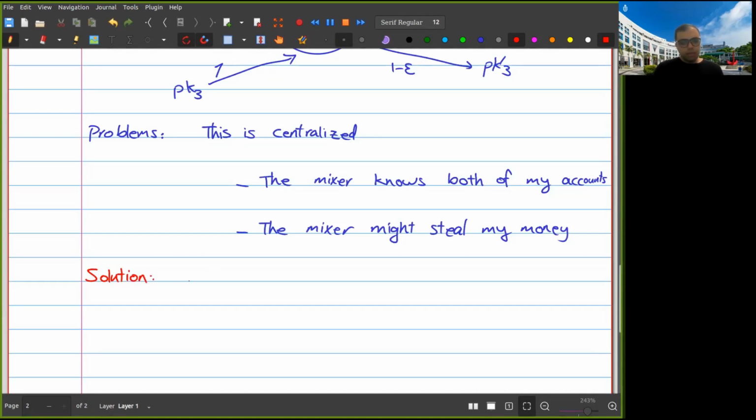Ideally, I'd like to be able to do several things. So first of all, the mixer might steal my money, so I want to create a mixer that is trustless. So I need these properties.